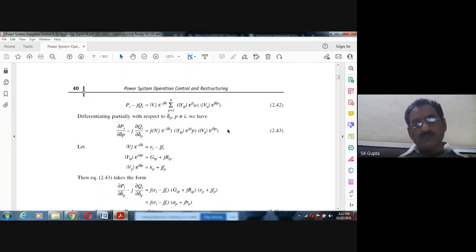Later on, we will differentiate it with respect to delta i, so that i and i can be there. Means it is the off-diagonal element, and that will be Pi, will be the diagonal elements. And then we will differentiate the same equation with respect to voltage Vi. Then we will differentiate the same equation with respect to Vp voltage. So del Pi by del Vp, del Pi by del Vi, that we can obtain. These are the 8 terms in the जैकोबियन मैट्रिक्स.